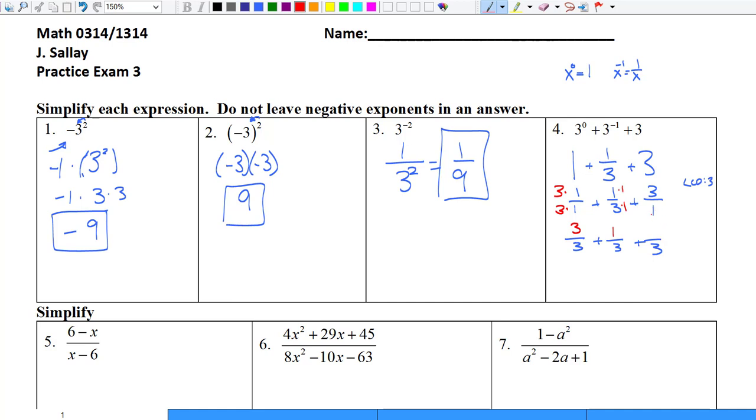On the third one I have a 1 in the bottom, I want a 3, so I have to multiply the top and the bottom both by 3. That's 9. So 3/3 plus 1/3 plus 9/3. Now that I have the common denominator, which is 3, all I have to do is add the numerators. So 9 plus 1 plus 3 is 13. So 13/3 is my answer.